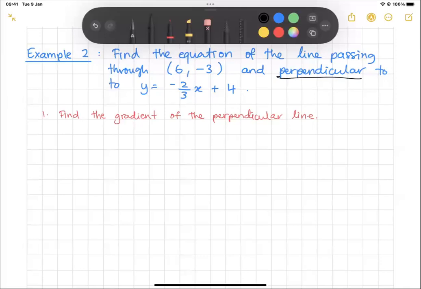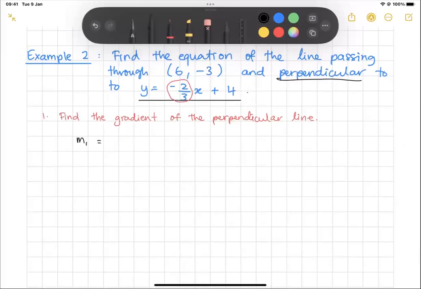So the first thing that I'm going to do is find the gradient of the perpendicular line. Looking at the equation I was given for one of the lines, y equals -2/3x plus 4, my gradient is -2/3 for this particular equation. So I'm going to label m1, the gradient of the first equation, as -2/3.